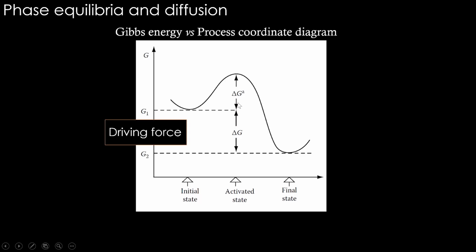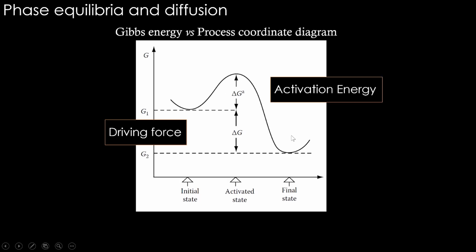And if it has an activation barrier to go from this state to this state, we call it activation energy. So now we are putting it for the entire process. Okay, so initial state, final state and activated state are there in the entire process. You can imagine, based on the mechanism of this process, let's say a material going from some high Gibbs energy to low Gibbs energy state, how will it move?